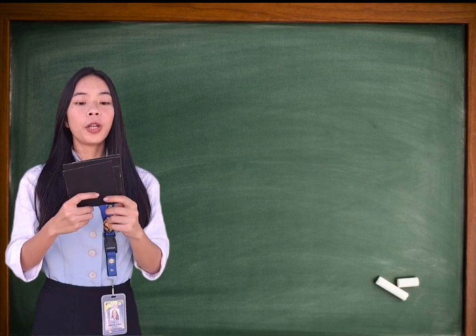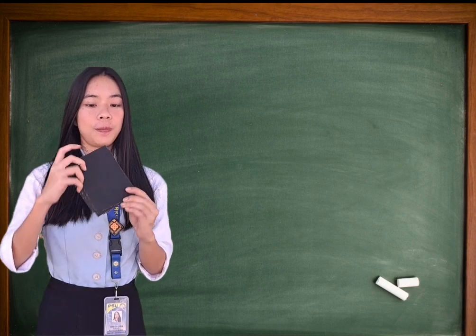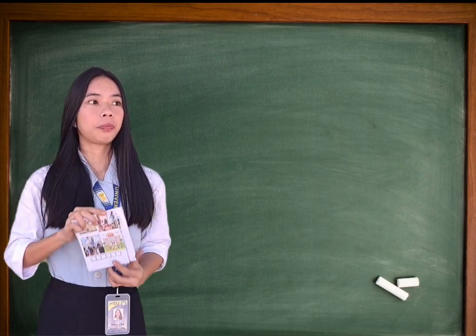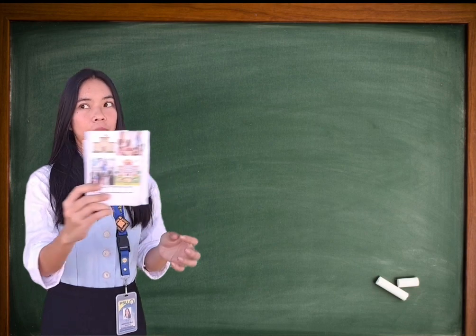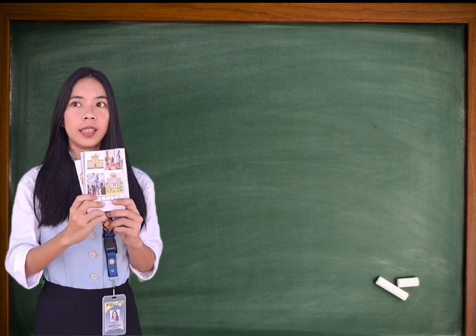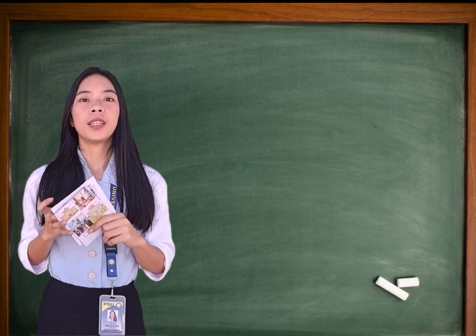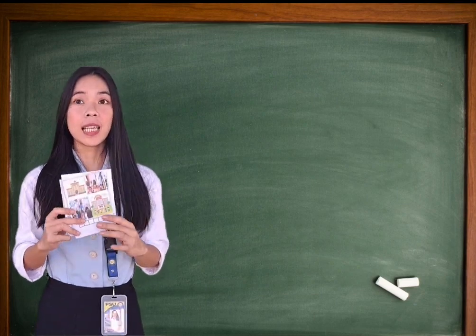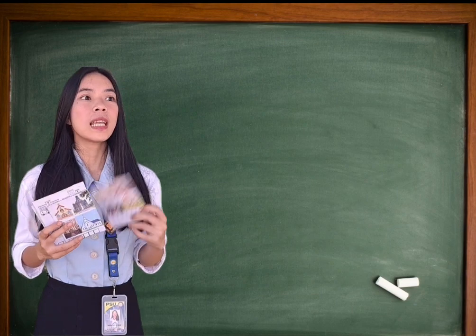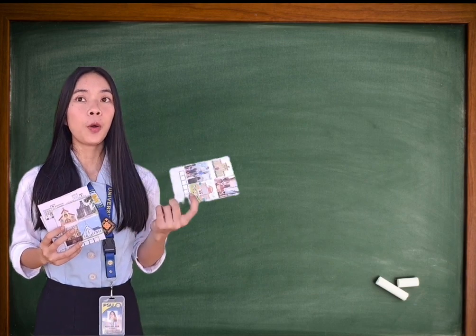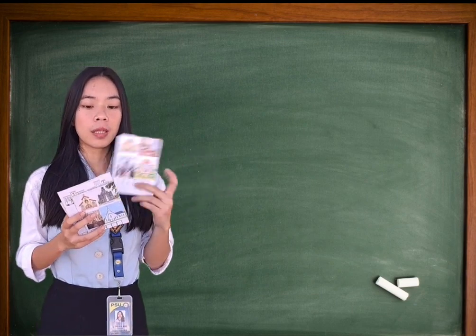Okay. For number 1, this is 6 letters. And 3, 2, 1. Okay, very good. This is school. Since you all got number 1, you will be given 2 points per group.